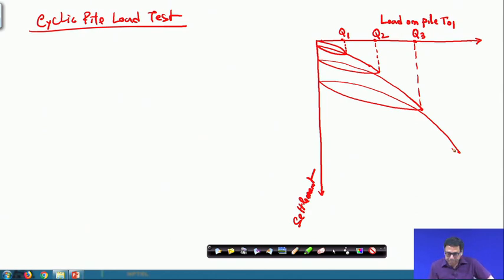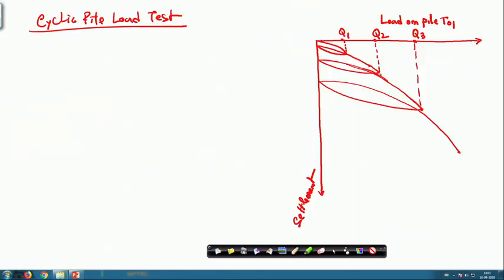If you look at this load settlement plot, when you unload, some settlement is recovered.